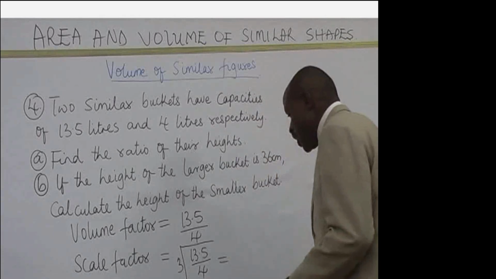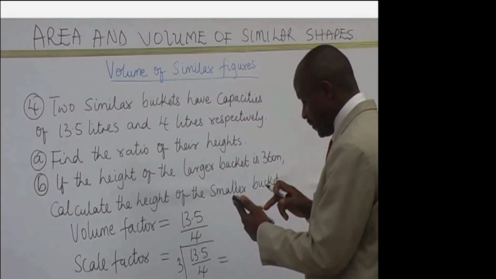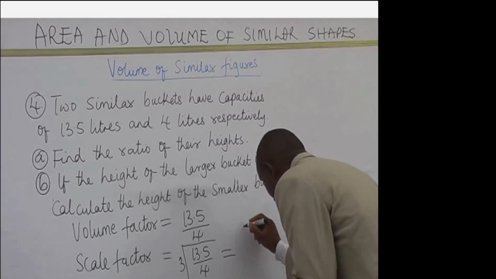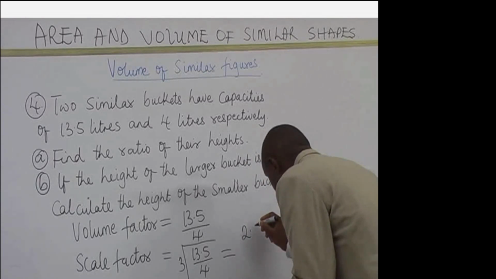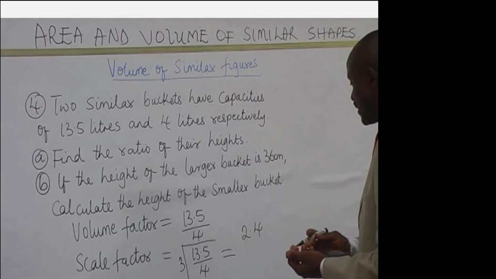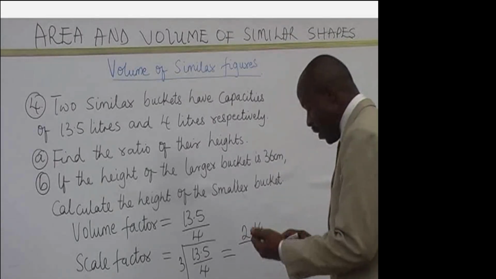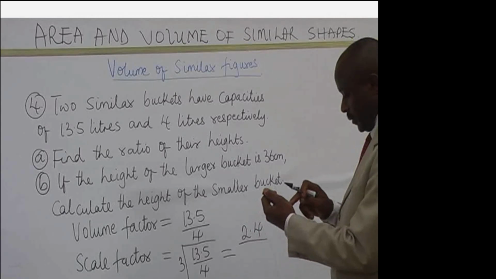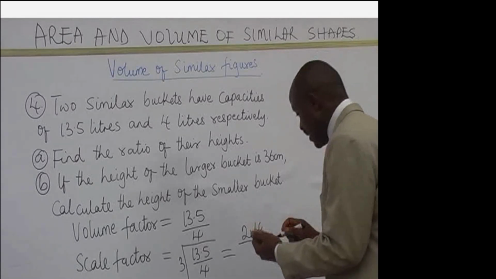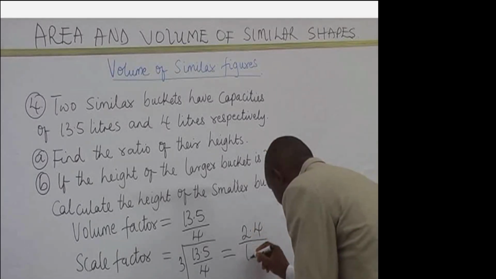So let's find the cube root of 13.5, giving me 2.38. I round it up to 1 decimal place, 2.4. Then all over the cube root of 4, which is 1.58. I will also round it up to 1.6.